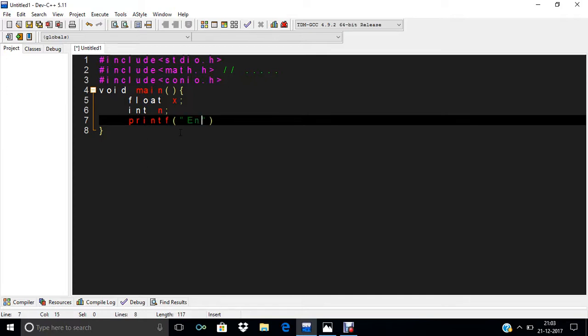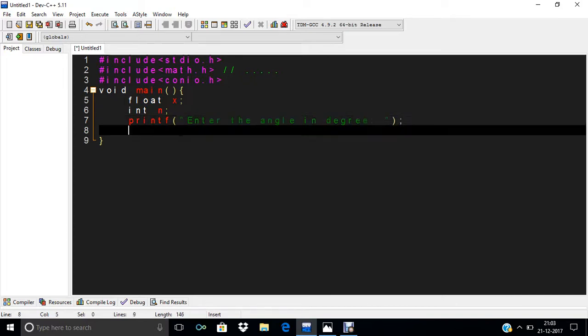Now let us get the input from the user. Printf, enter the angle in degree. We just need one angle. Scanf percentage f, because it's a float. Don't write d over there. It's a common mistake, every one of us makes it, especially when writing exams. x.